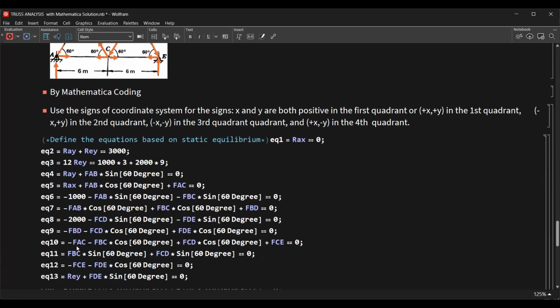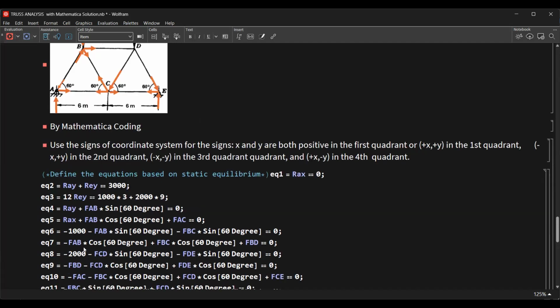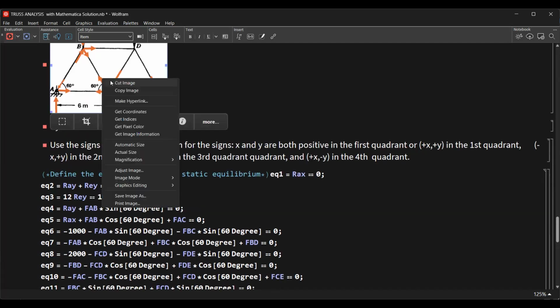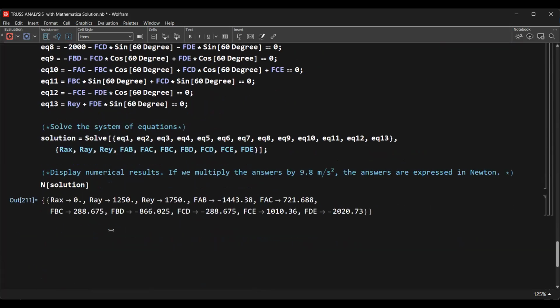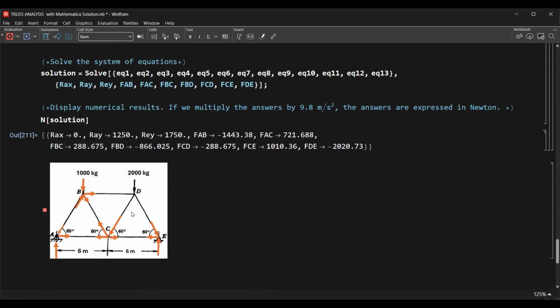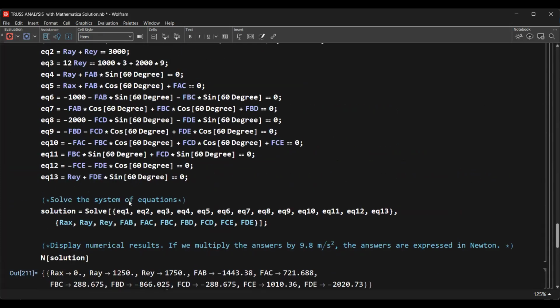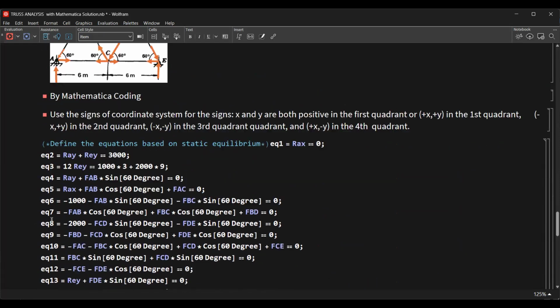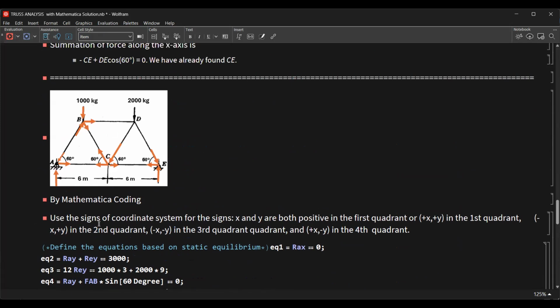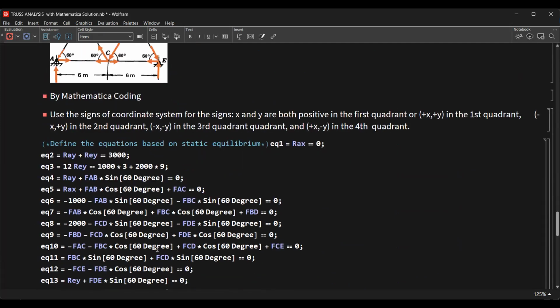In equation 10, if AC is negative, then FBC is negative also, the X component of FBC, cosine 60 degrees.